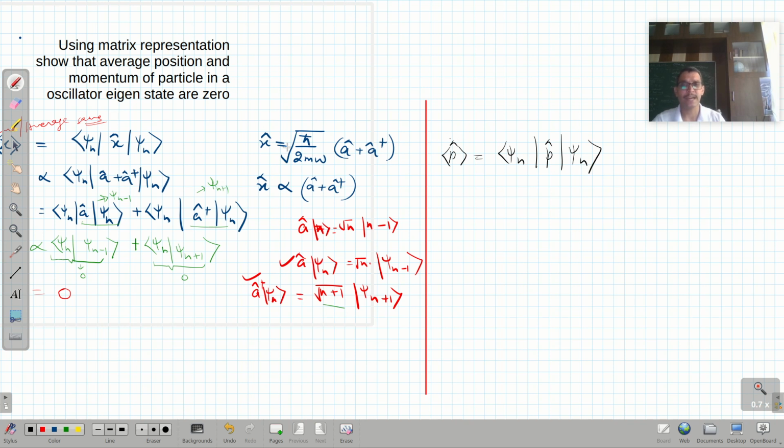But as we know, for the harmonic oscillator, p is basically minus i times root of m omega h cross over 2, into (a minus a dagger). So the momentum operator is proportional to a minus a dagger.